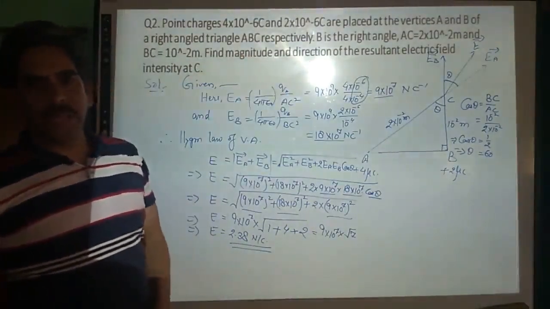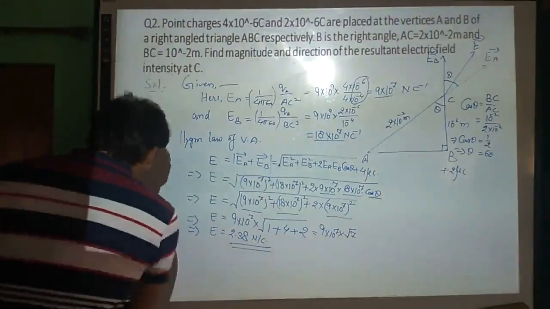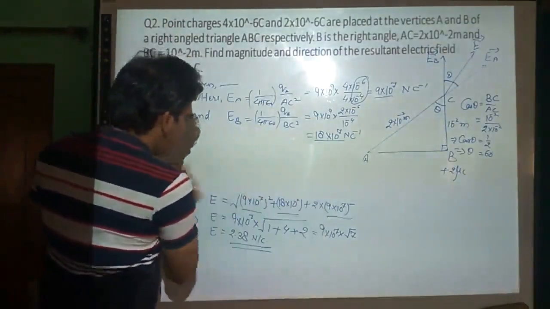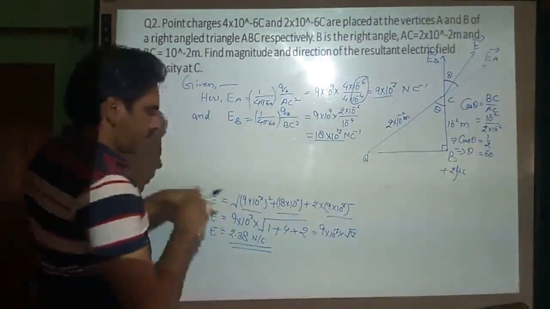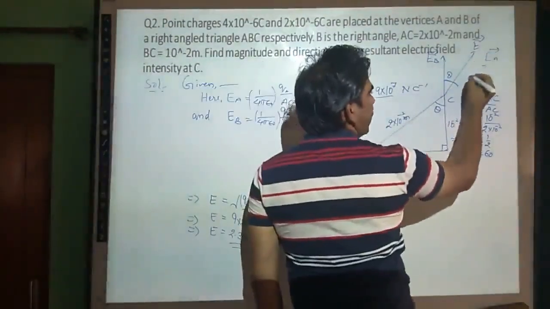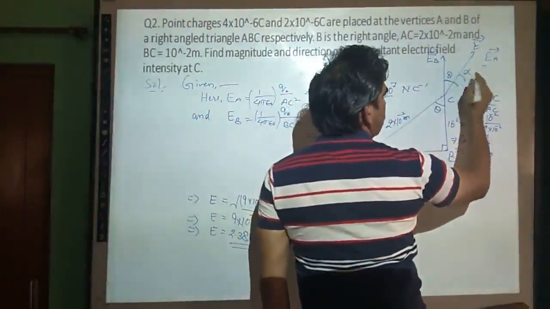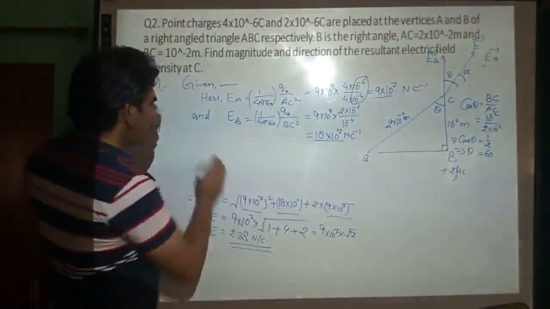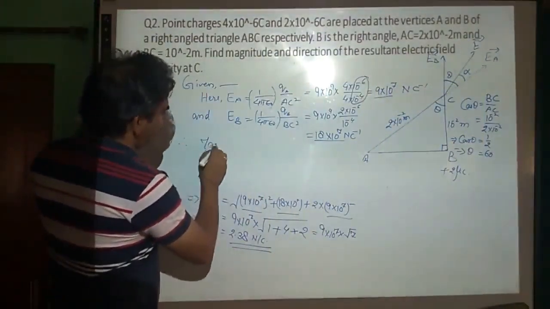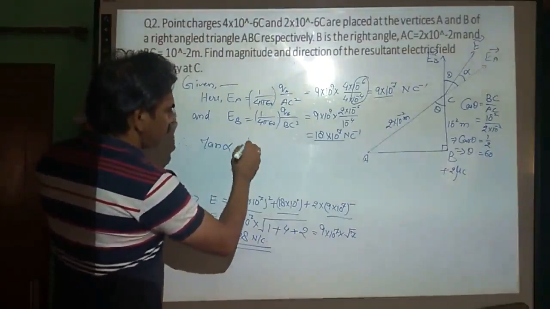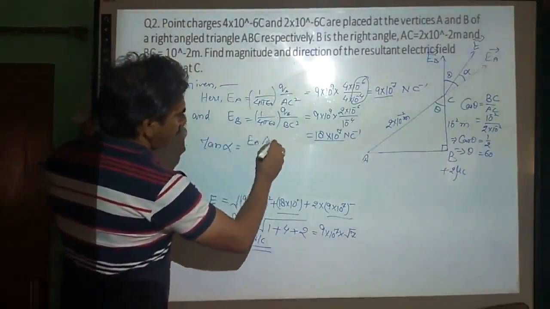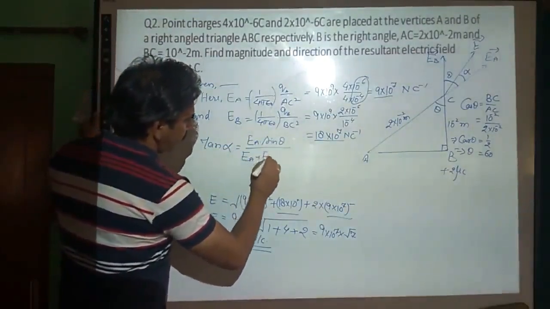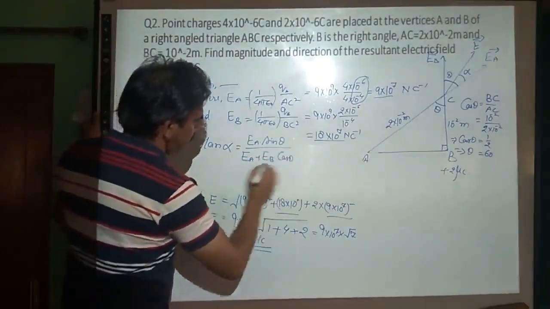What about the direction? To calculate the direction, we have again the parallelogram law of vector addition, which simply says, suppose that this is the net electric field making an angle alpha with this component. So therefore tan alpha is equal to EA sin theta divided by EA plus EB cos theta.